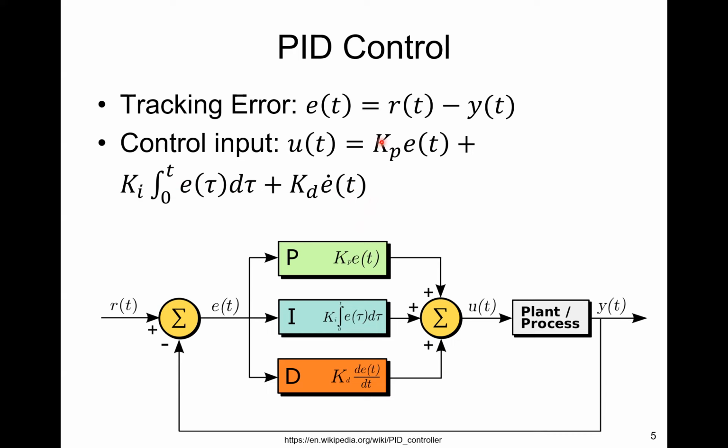And you add these three terms together to form the overall control input U to input to the plant process. It's called a plant because control theory was initially developed for chemical plants, manufacturing plants. So that's why you have the name plant.